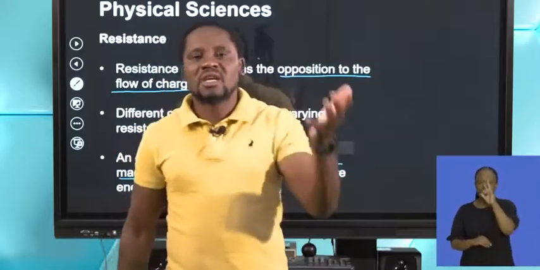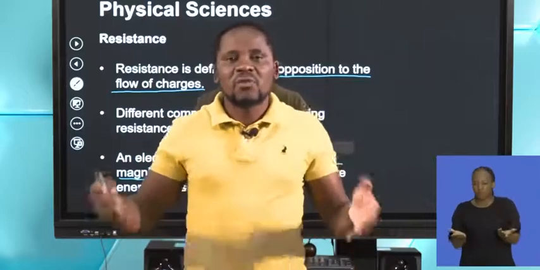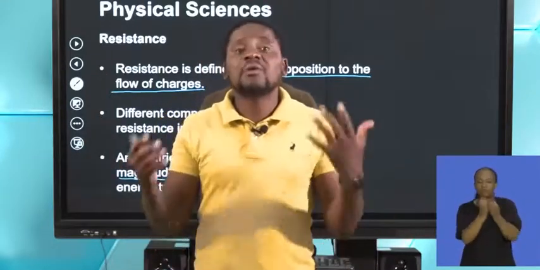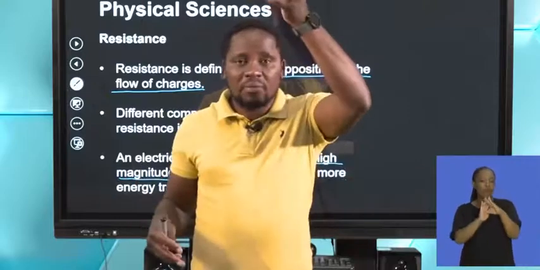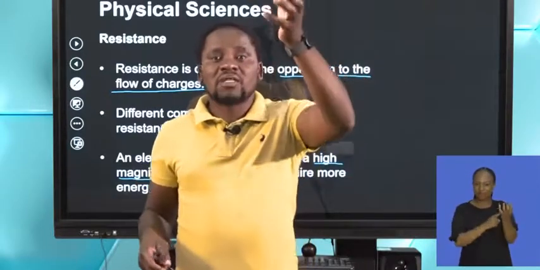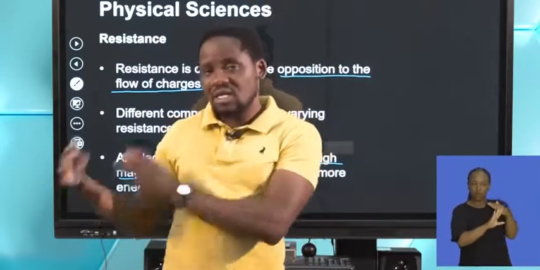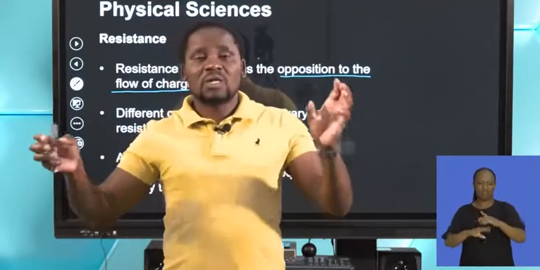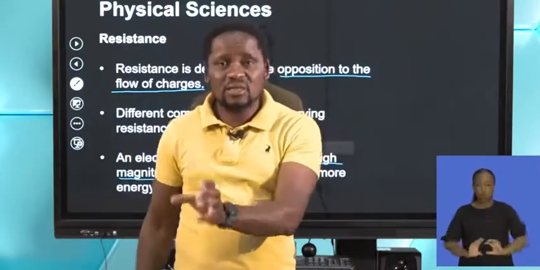Remember, in real life, beyond the theory, we have many circuits in our everyday life. Think about the resistance that a light bulb offers compared to the resistance that a heater, another appliance we have in our homes, offers. A heater has greater resistance. Why?